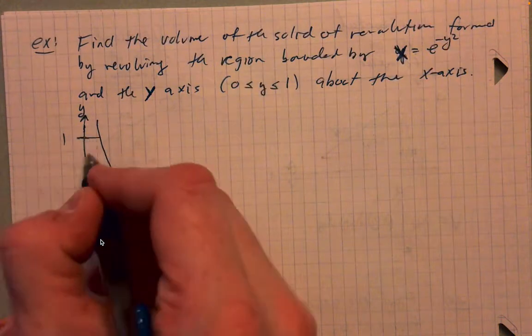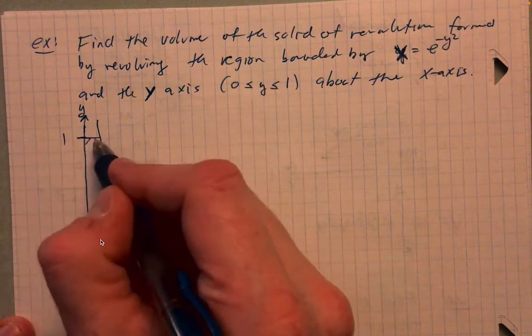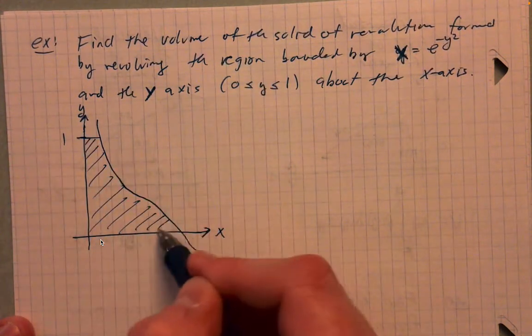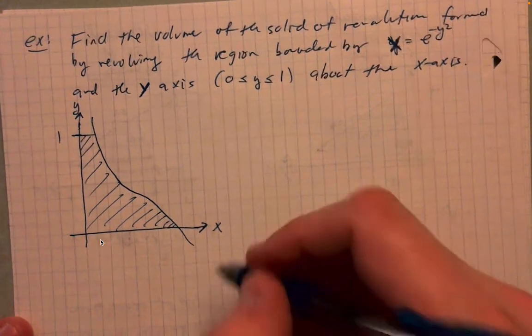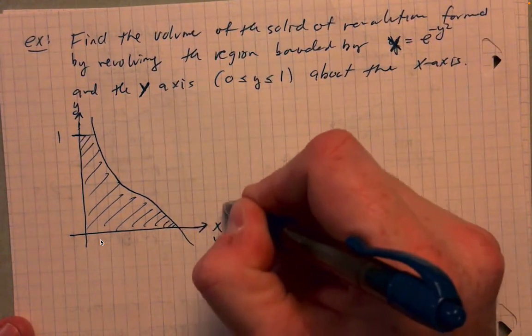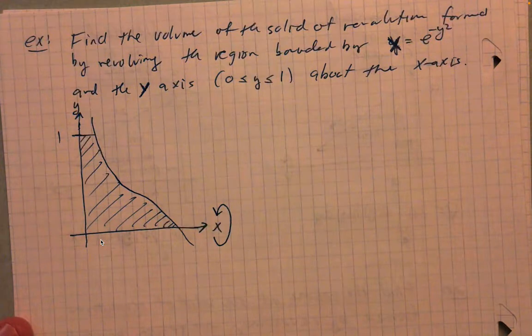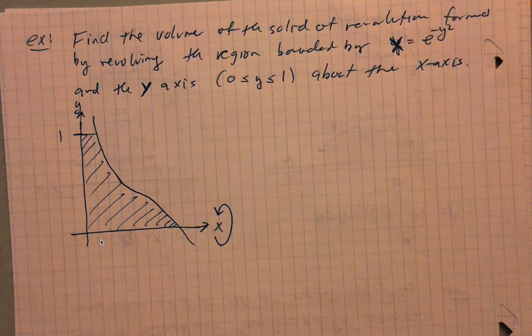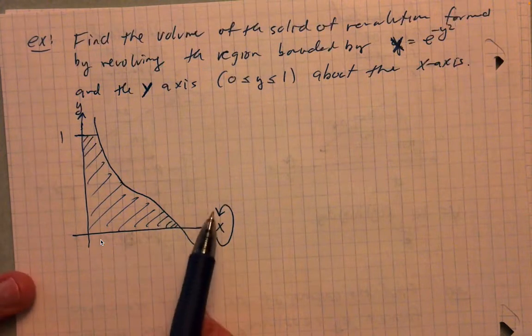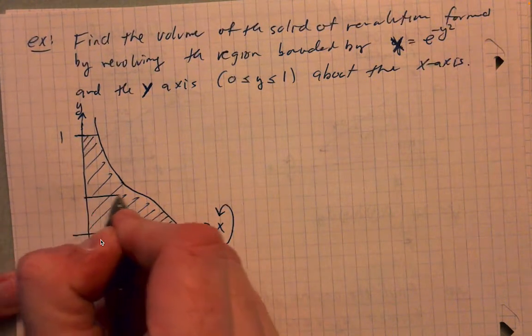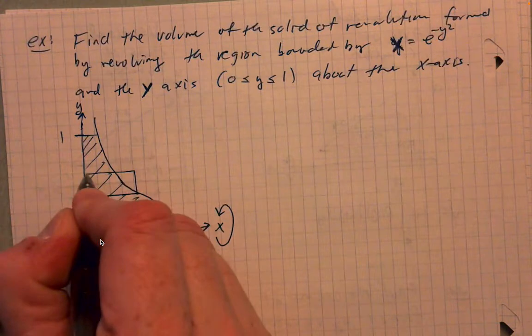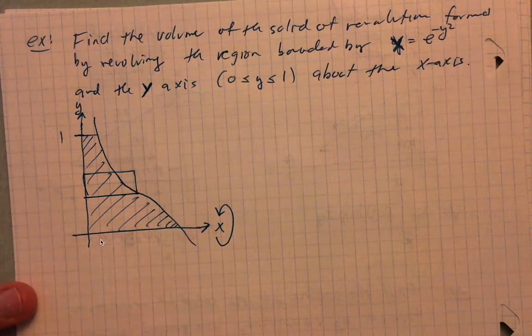So the region here is from 0 to 1, so it's basically this right here, and we're going to spin it around the x-axis. If it's spinning around the x-axis and we're using the shell method, then we're going to have representative rectangles that look like this.